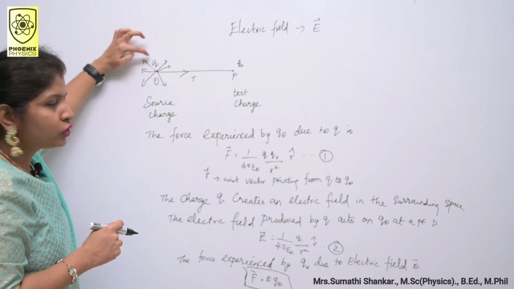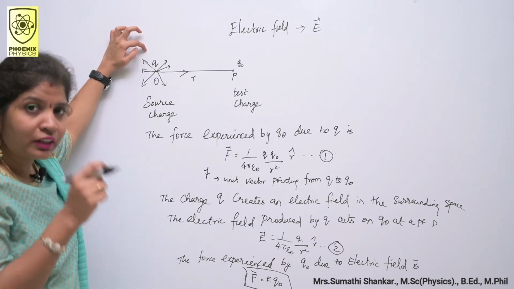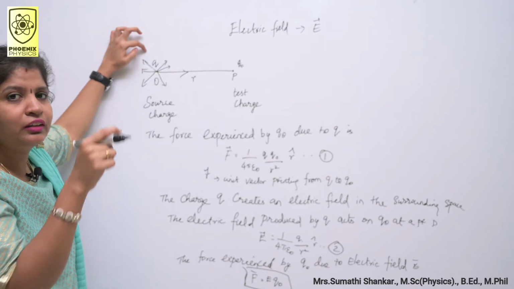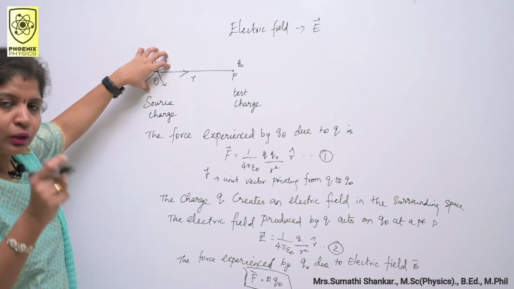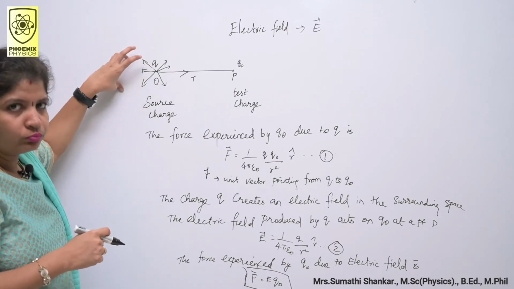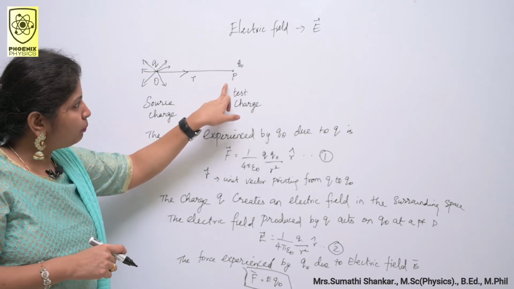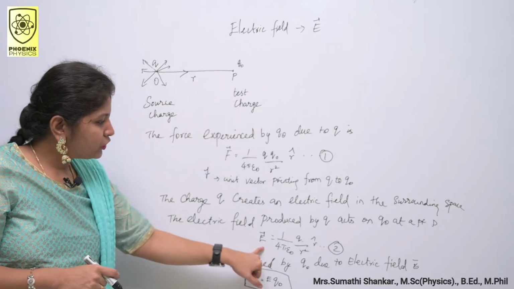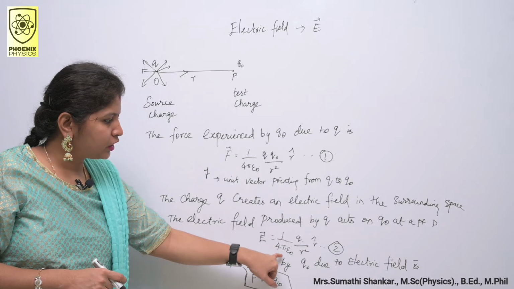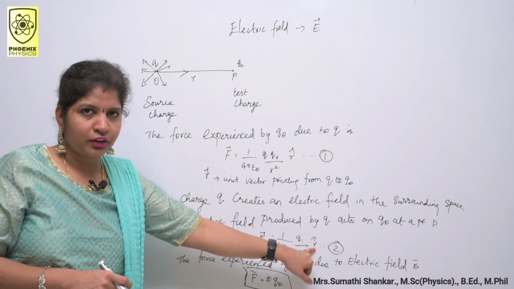Here I have charge Q, so this charge will create an electric field in the surrounding space. Electric field produced by Q acts on Q0 at a point P is equal to 1 by 4 pi epsilon naught Q by r square r cap.